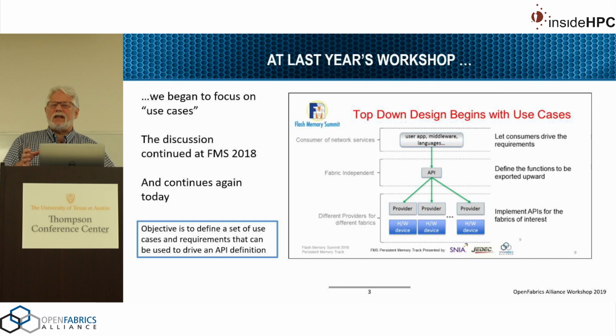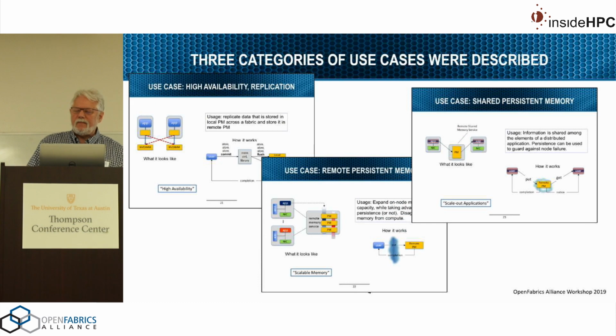In this case, those applications don't really exist yet because remote persistent memory is just this emerging idea, so people haven't figured out how they're going to build applications that use it. So we're sort of forced to settle on looking at abstract ideas of what the use cases might look like and use that as a proxy for what we think applications will ultimately look like and try to design APIs that will meet those requirements. That's where we're going here.